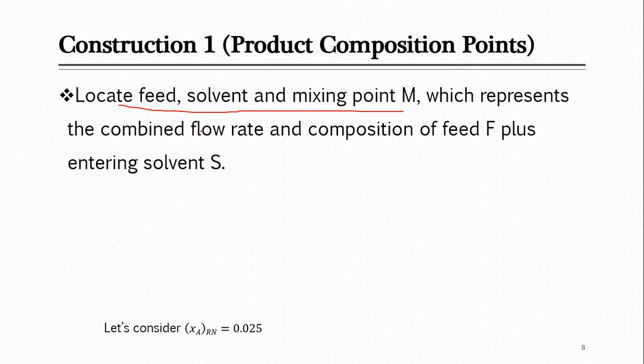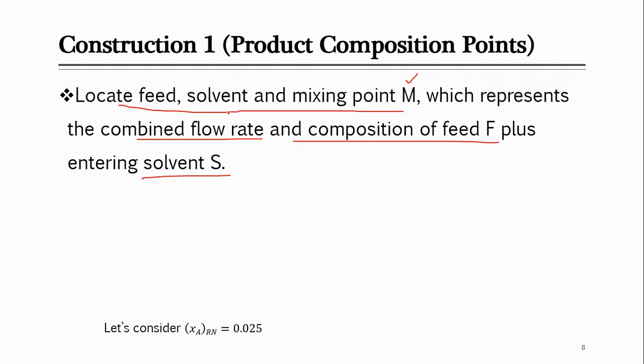The mixing point represents the combined flow rate and composition of feed and solvent. You already remember this, we talked about it in the previous lectures. Here this construction is more or less similar. There are a few modifications because we are looking for the number of stages, and there is not only one stage, but more or less the procedure is the same.